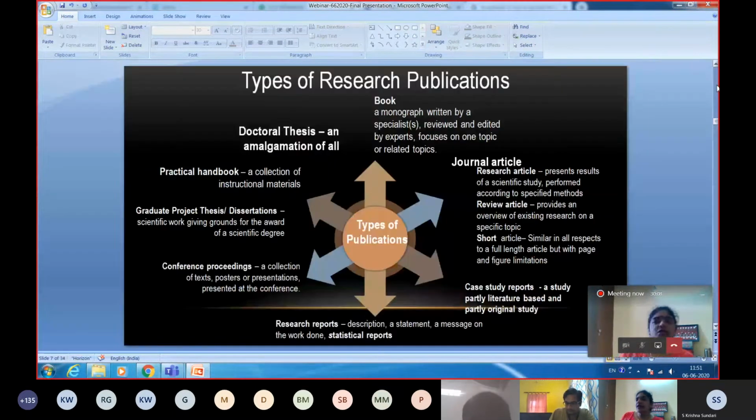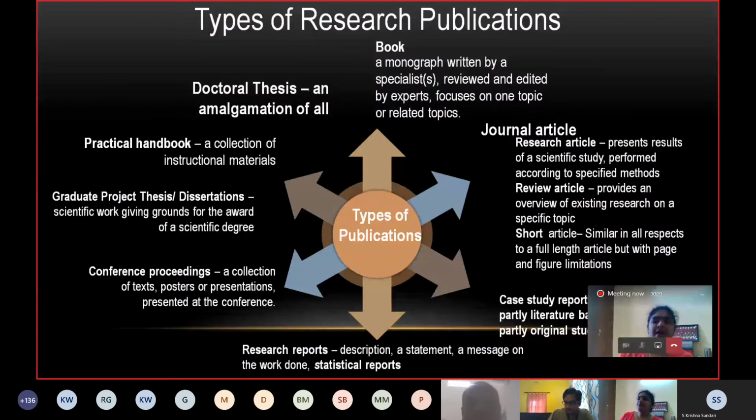These multiple types of publications have their own limitations, their own boundaries, and their own set of rules. So let us understand, if you are going for a book publication, how is that different from a journal publication, and how a journal publication is different from a case study report, and so on and so forth.